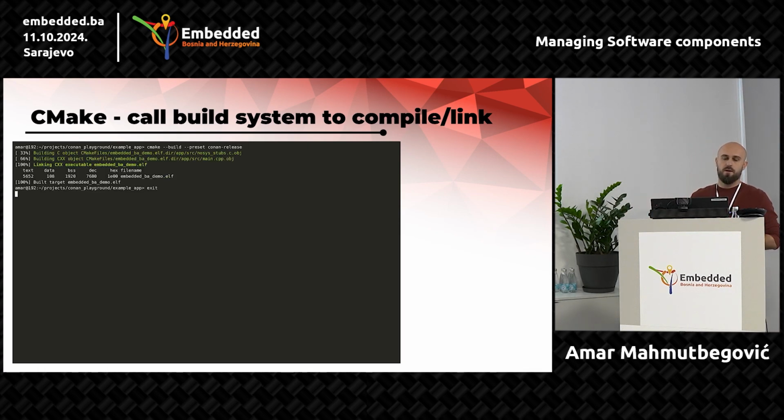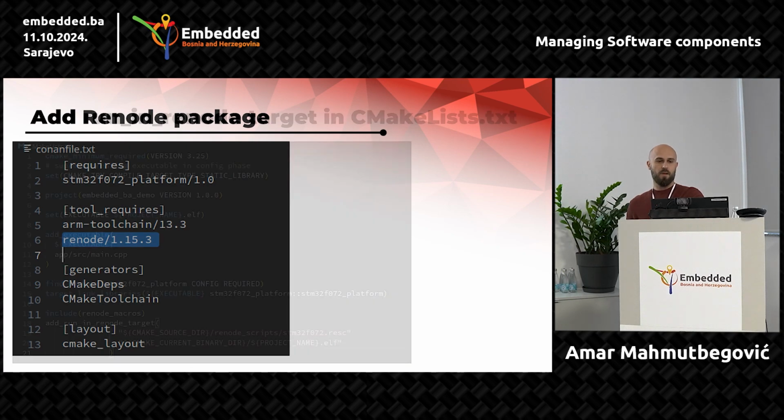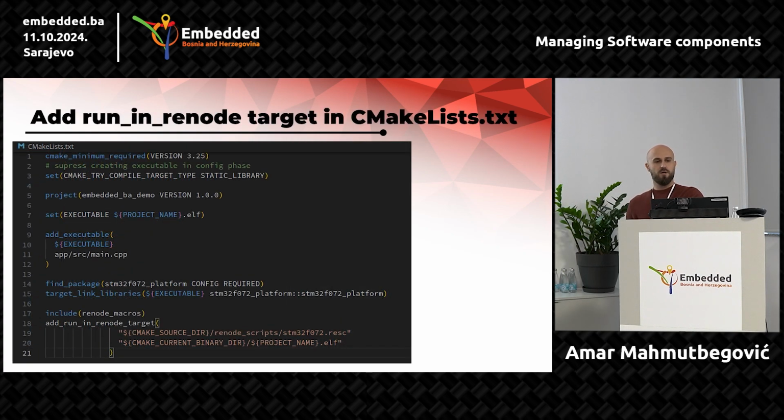Okay, now it would be really cool if we were able to run this firmware that we just built. To do that, we will add Renode package as tool dependency, and Renode is a simulator that we will use to run the firmware that we just built. Okay, so when we include it in dependencies, we are now able to include CMake scripts that come with Renode package.